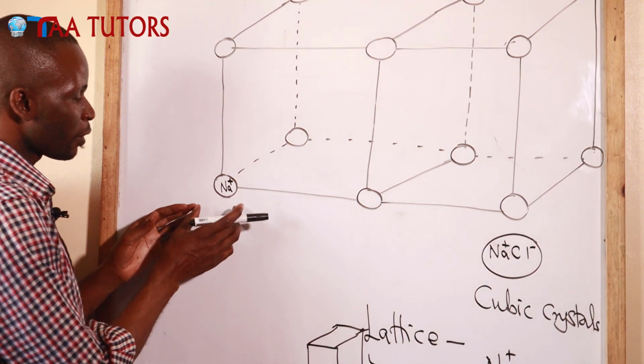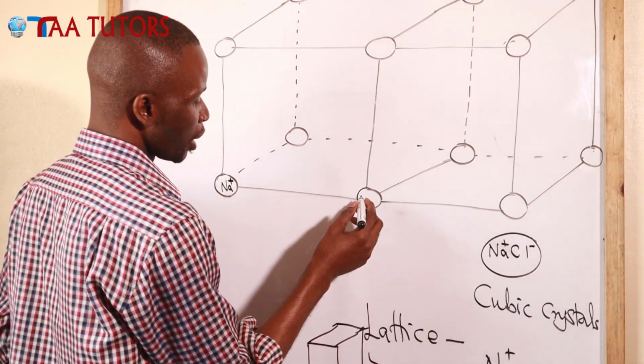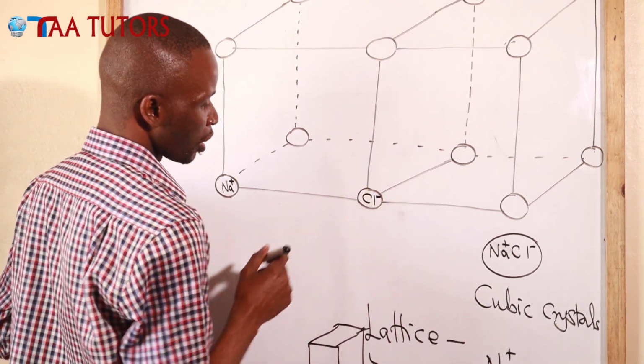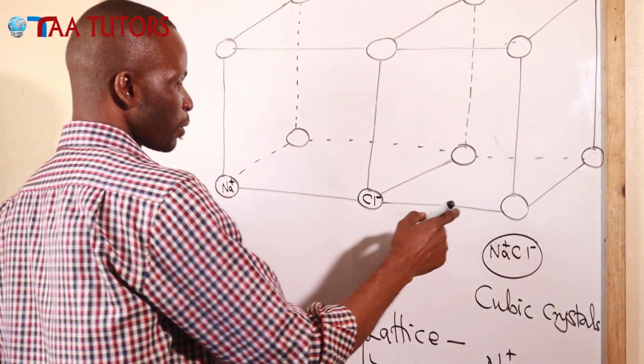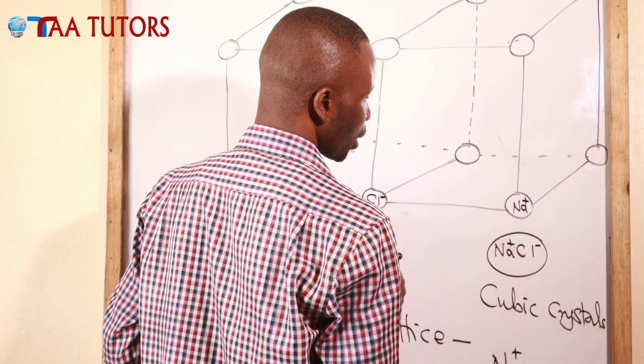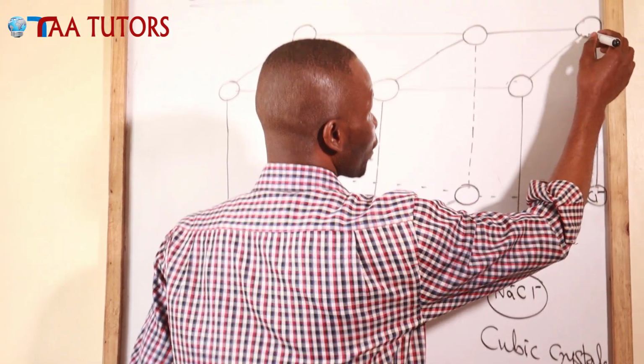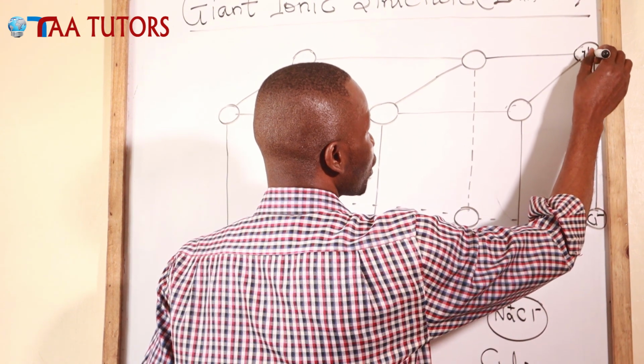So if I have a sodium ion here, for attraction to occur, the next ion must be a negative one, which is a chloride ion. And the next one after that must be a positive one. So I'll have a sodium ion here. The next one, if I go there, must be a negative one. If I go there, it will be a positive one.